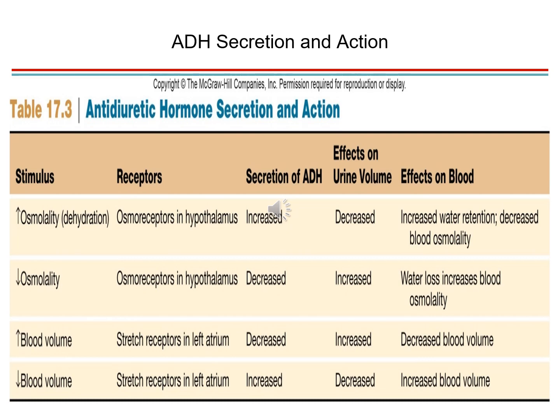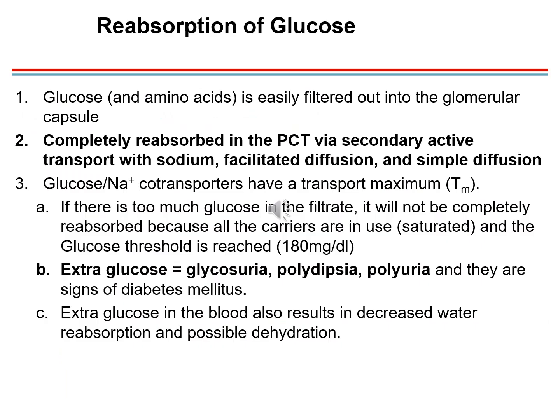Now it's time to explain the reabsorption of glucose. Glucose is easily filtered from the glomerulus into the capsule, and there is not a big deal over there. However, that glucose should be 100% reabsorbed in the proximal convoluted tube.